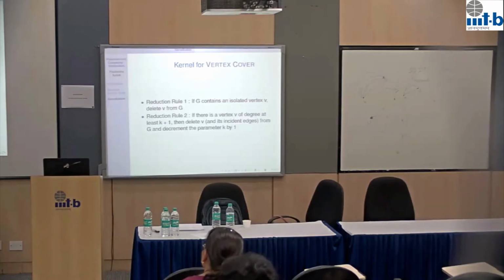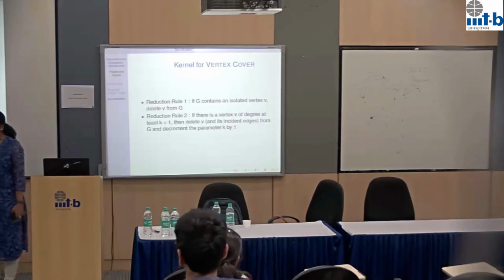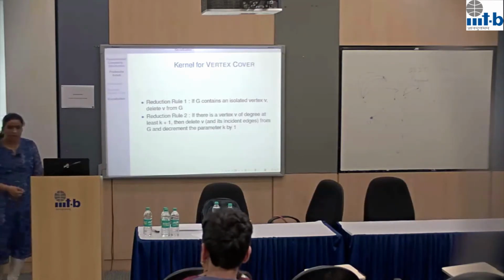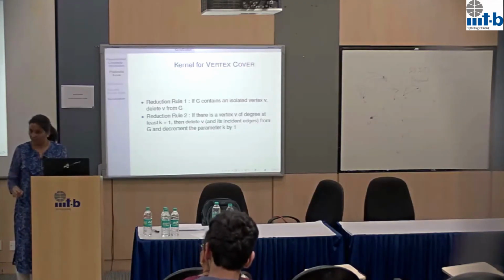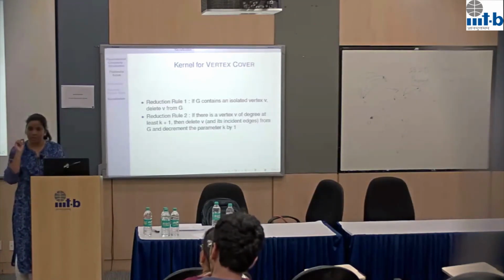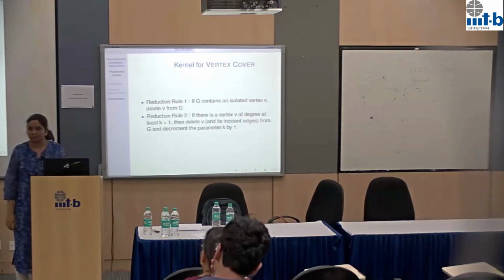A vertex cover of size k covers all the edges. So we have the statements: there exists a vertex cover of size k, it covers all the edges, and every vertex can cover at most k edges. What can you say about the number of edges in that graph?